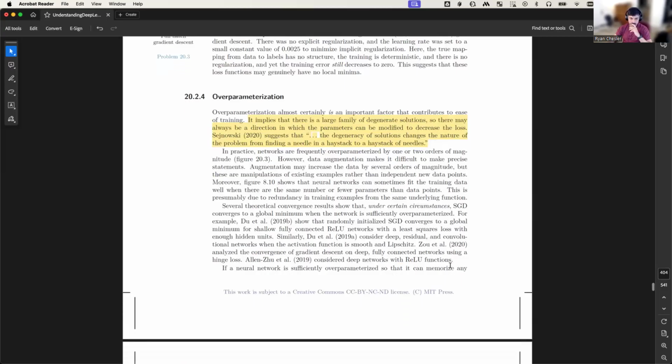I talked for a little bit about the over-parameterization, and so typically people have these networks that have way more parameters than we do data points. And one of the things that they proposed is that this over-parameterization makes it so that there's many different sets of weights that can actually get you a good result. Having a larger set of weights allows you to have a bigger surface area.